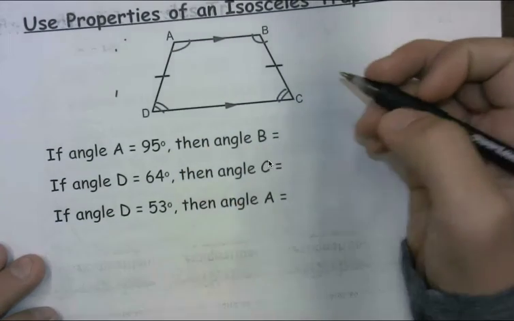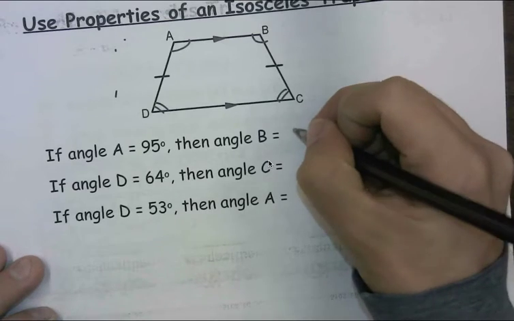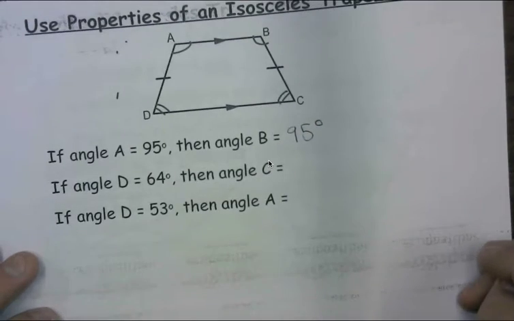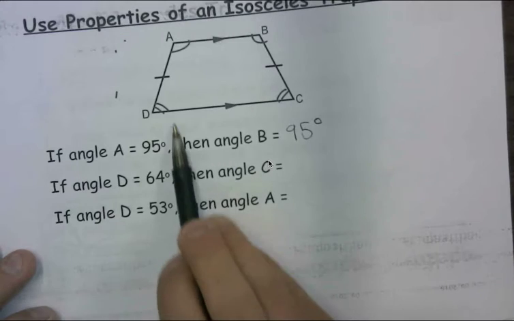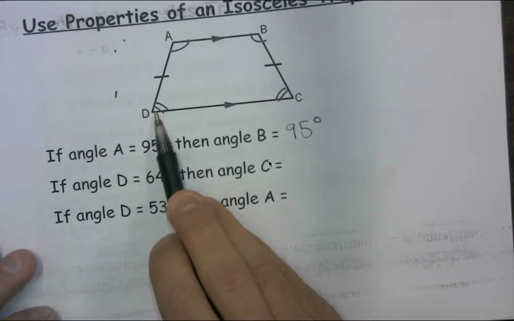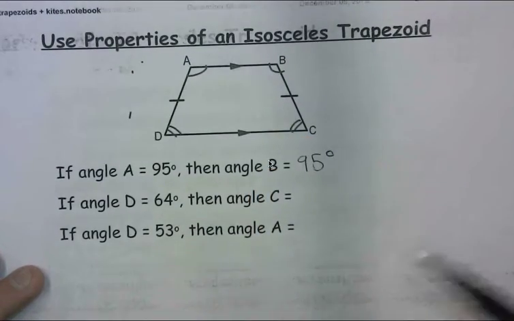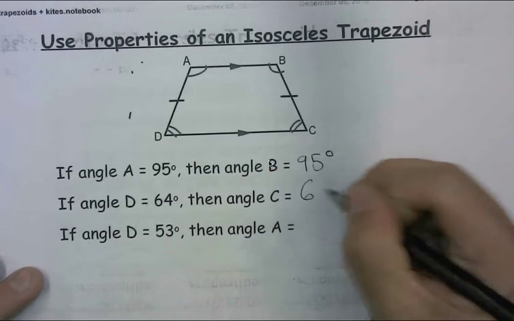So we could say that this would also have to be 95 degrees. If we were continuing with this, if we're looking at D, D should be congruent to C, because again, we're dealing with an isosceles trapezoid specifically, so this should also be 64 degrees.